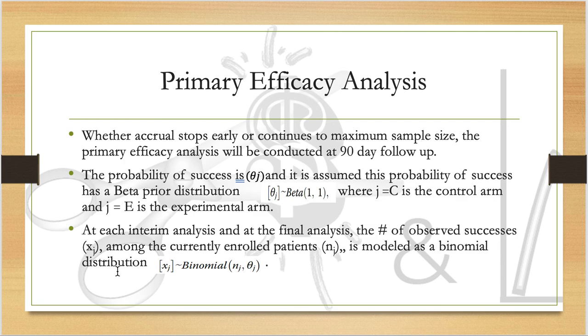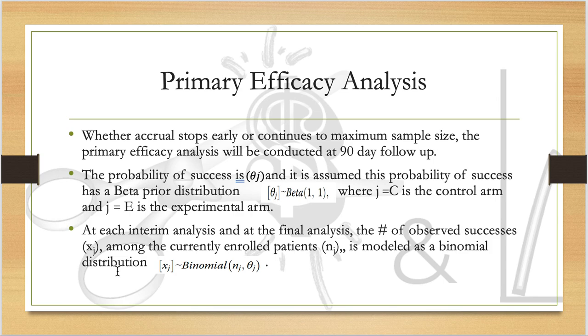The probability of success is theta j, and it is assumed that this probability of success has a beta prior distribution, theta j approximately equal to beta(1, 1), where j equal to c is the control arm and j equal to e is the experimental arm.